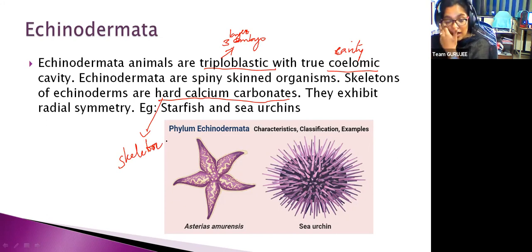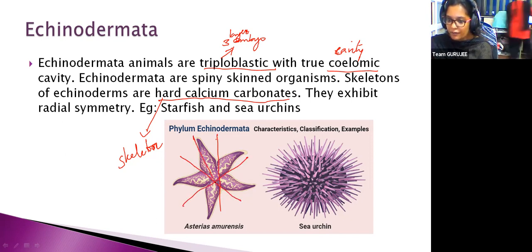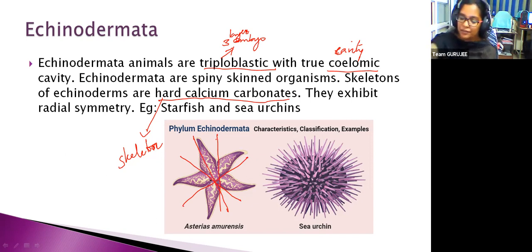Because a derivative of calcium along with carbonate is present, the skeletons of this group of animals are very hard. They exhibit radial symmetry. What is radial symmetry? We cannot divide it into two exact halves, but we can divide it in other ways. So it is called radial symmetry.